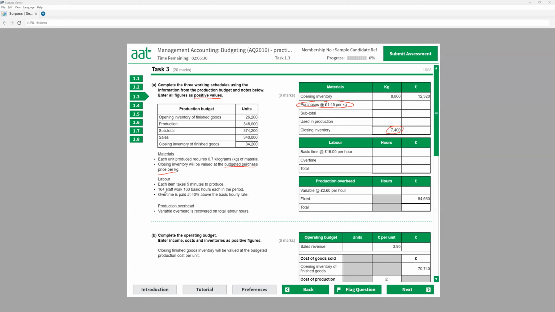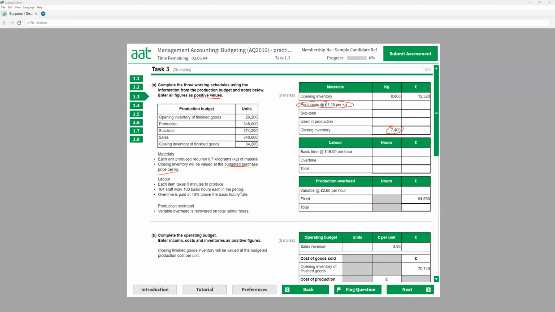Labor: each item takes 5 minutes to produce. So we need to see how many minutes in total, and then divide by 60 to convert into hours, because we are looking at hours here. 164 staff work 160 basic hours each in the period.